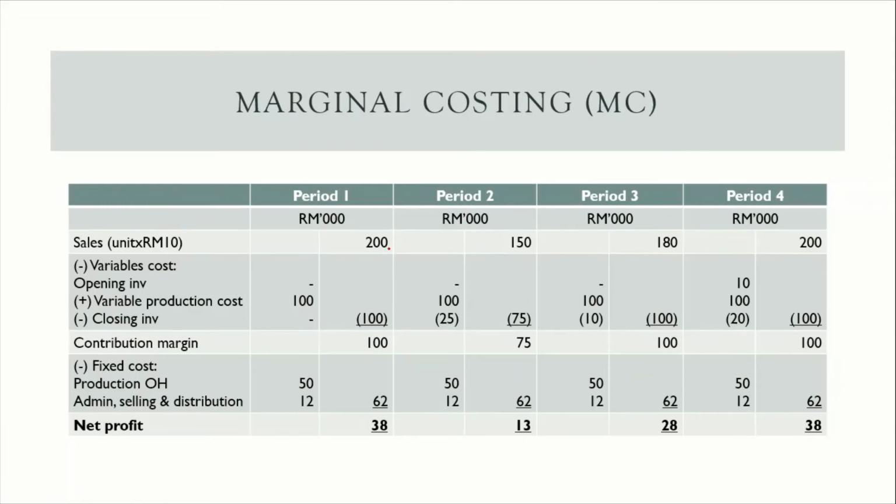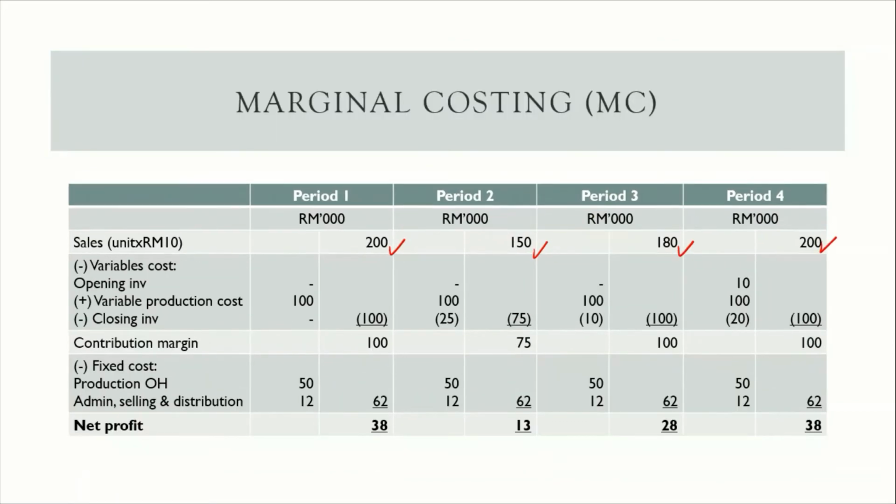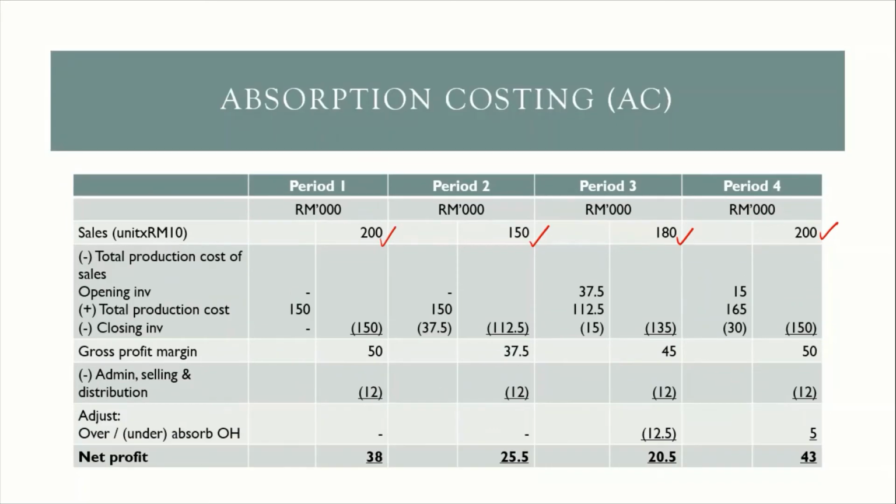So you gain this amount. And if you look between the two methods below, this is marginal, now it's absorption. The amount itself is the same. So the sales are the same between the two methods because they use the same amount and same unit sales.